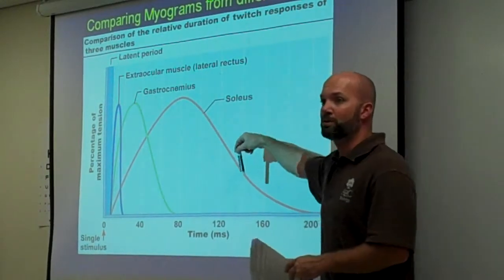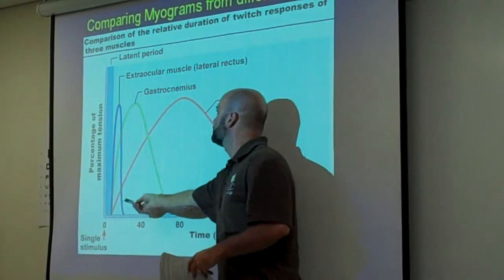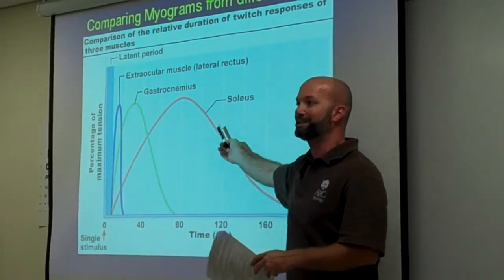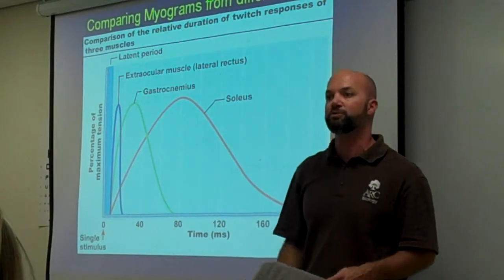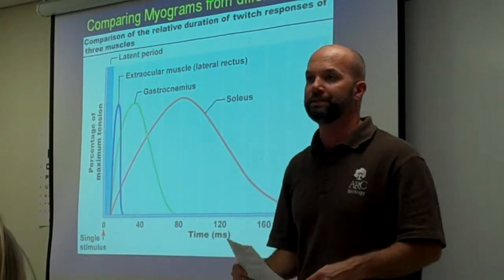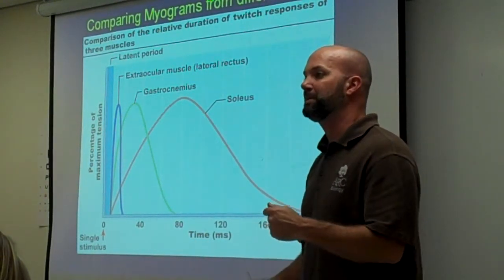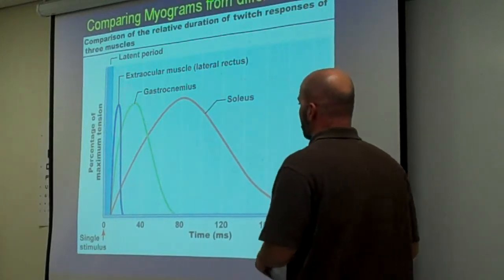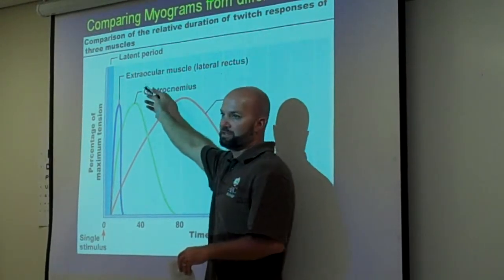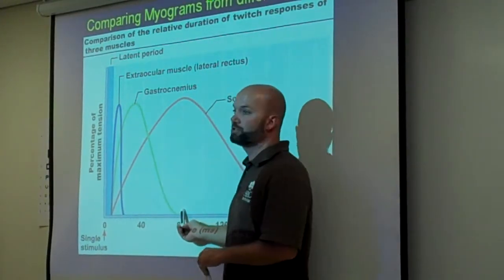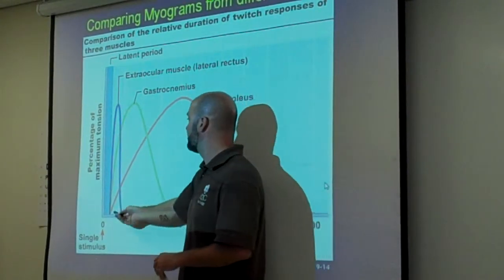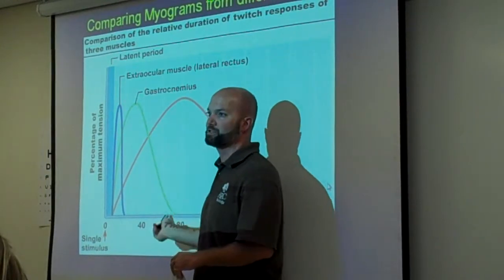The twitch is slower, meaning it takes more time to reach peak tension, it takes more time to relax, and so it takes more time for the twitch to occur as a whole. It's longer because it's slower. The twitch for gastrocnemius, fast twitch fiber, it's fast because it's shorter period of time. You reach peak tension quicker, you relax quicker.